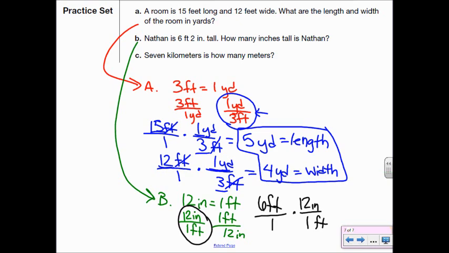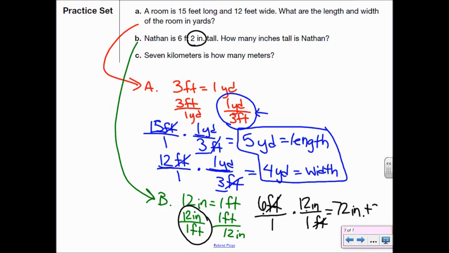So then I have 6 times 12 is 72. 6 times 10 is 60, plus 6 times 2 is 12, is 72. So feet cancel out since they're diagonal. I'm left with inches. So I have 72 inches. And then he's also 2 inches tall on top of that 72 inches.